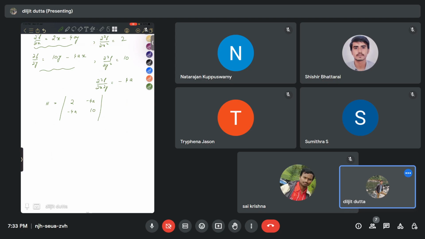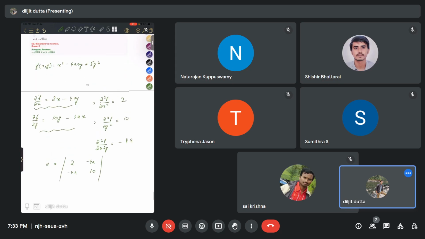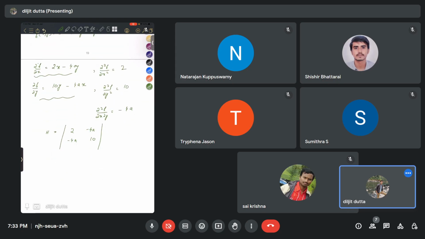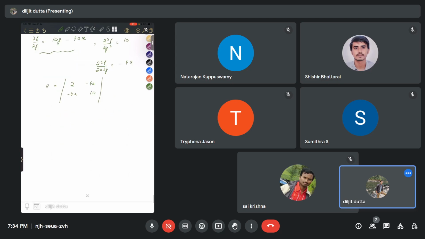Now let us take one more thing we discussed, that all the principal determinants should be positive for minima, that is, principal determinant 1 is 2 and the whole determinant, and if the principal determinants are negative, then it is a maxima. We will see what the principal determinant is here. So determinant of H is equal to 20 minus 16a square.